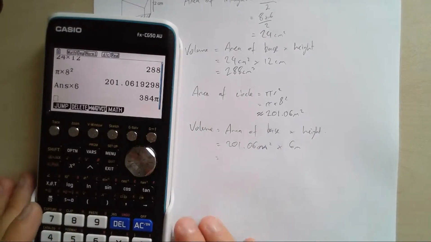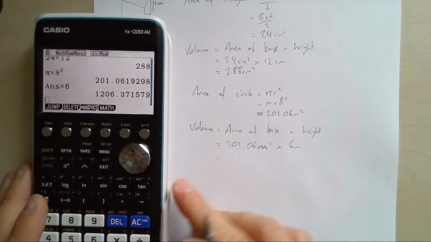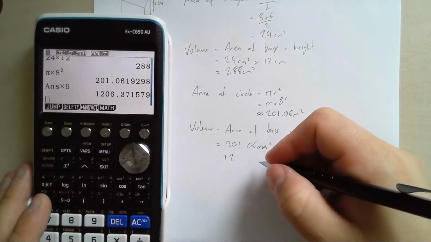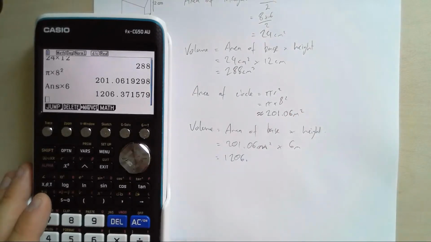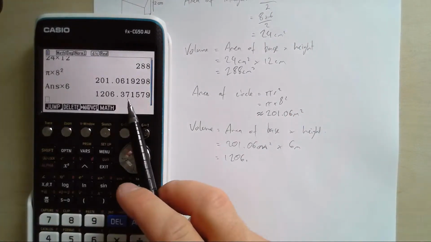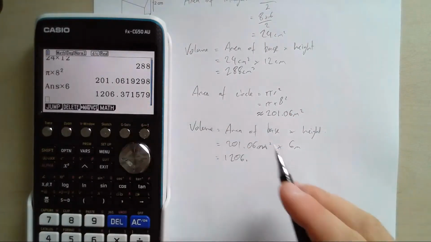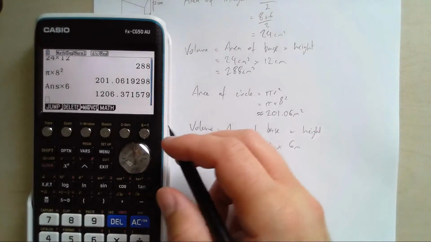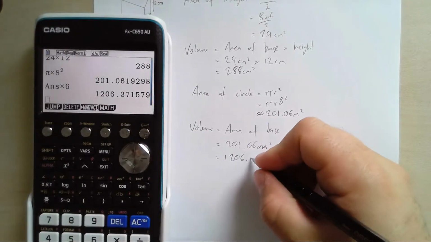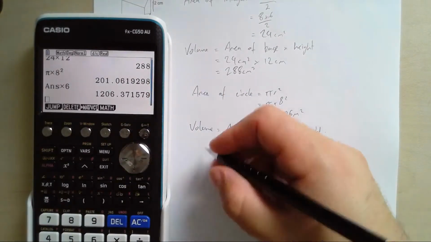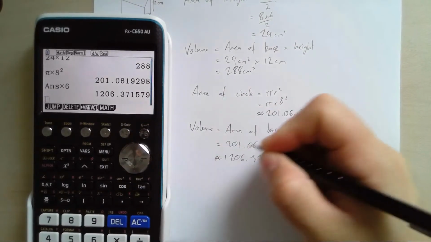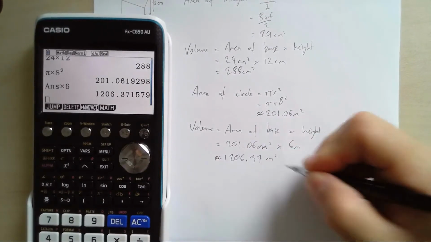Times 6, press my button, 1,206.37, so 1,206.371, and remember that's a wavy equal sign, cubic meters.